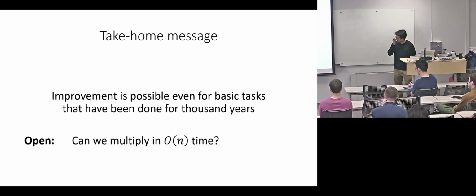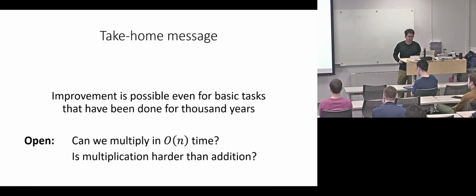But anyway, even now, you can still ask: can you improve multiplication beyond n log n, if you don't believe in that network coding conjecture? Or can we try to prove a lower bound? Another way to put this question is: is multiplication inherently harder than addition?